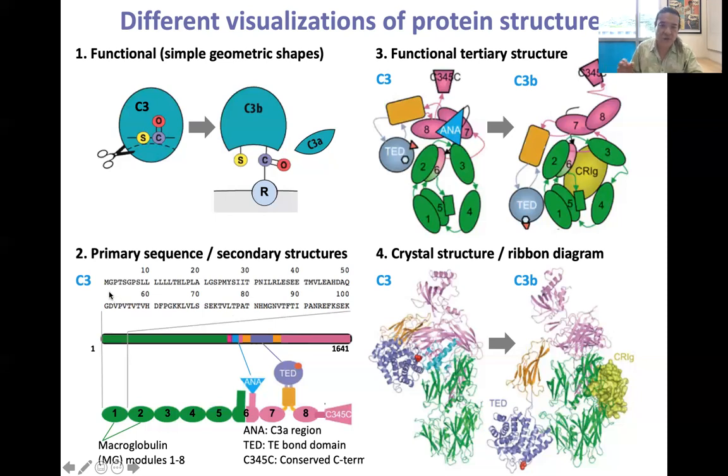So this is the first 100 amino acids that make up the complement C3. And if you've taken intro to cell biology, you recognize that these are the single letter abbreviations of amino acids: methionine, glycine, proline, threonine, serine, etc.